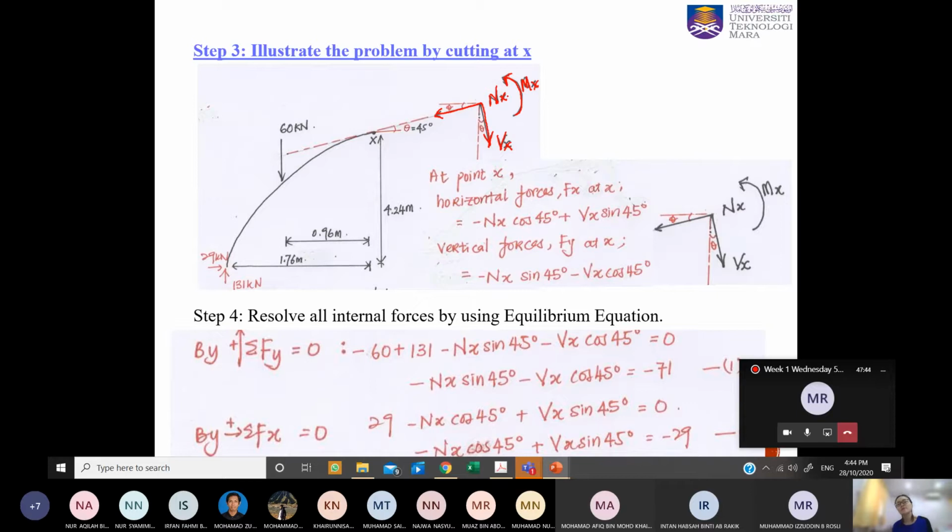Previously we have said to try to draw a positive sign, but in this case, the NX is drawn with a negative sign. So you need to take note that if you get a positive NX, it means that it is compression, because as we read just now in the first few pages, an arch is normally in compression.